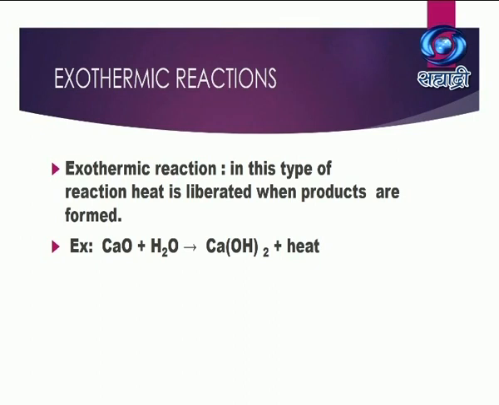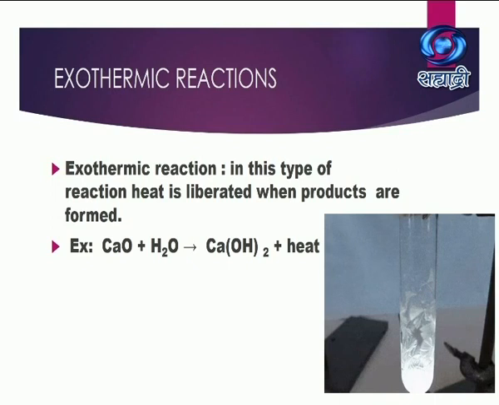So again I repeat, in this type of reaction, heat is liberated when products are formed. Here the example is CaO, that is calcium oxide, plus water, H2O. It gives calcium hydroxide, Ca(OH)2, plus heat is liberated. Here you can see the reaction that is taking place.